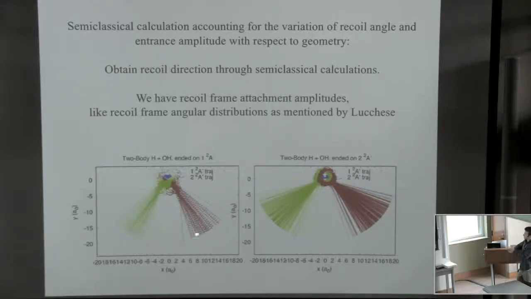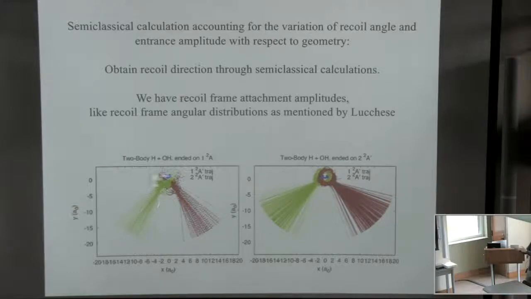You see that the trajectories here on the left, these are the ones that have transited to the doublet A1, the lower state. They do come out at a tighter angle, whereas these guys are coming out at a broader angle. So if we calculate the recoil direction for every trajectory, we can bin those trajectories according to final state, therefore producing different recoil frame attachment probabilities.